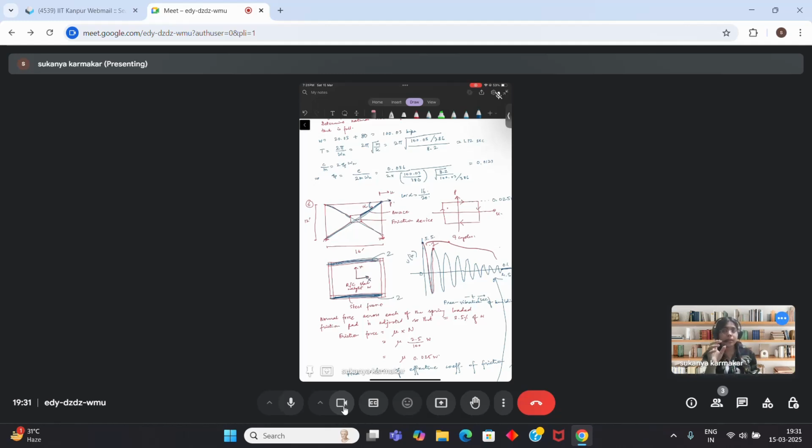For dealing with damping, damping is an extremely difficult phenomenon, and it is not well understood till now. So what can be the sources? How can an object lose energy?